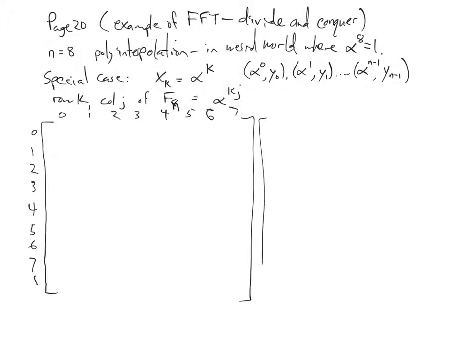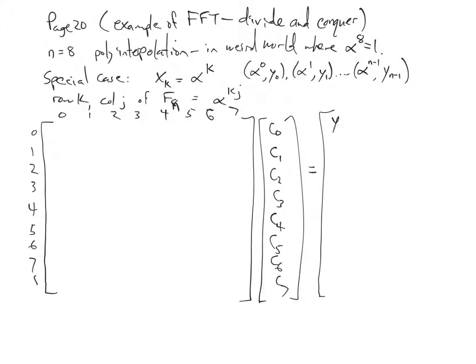The coefficient matrix will be multiplied by the coefficients C0, C1, C2, C3, C4, C5, C6, C7, giving the right-hand side the y values, y0 through y7. This is really laborious, and that's not the half of it. The hard part is writing out these entries.